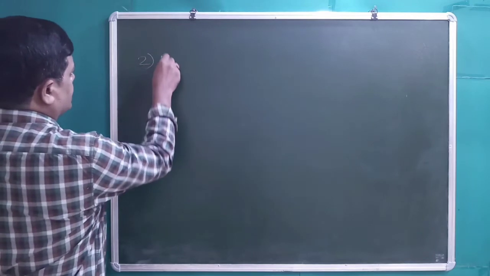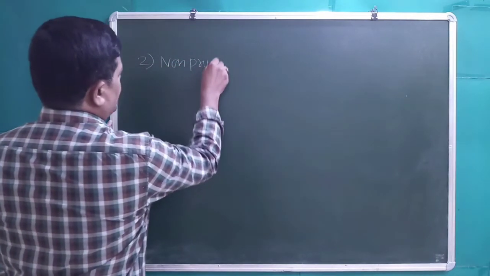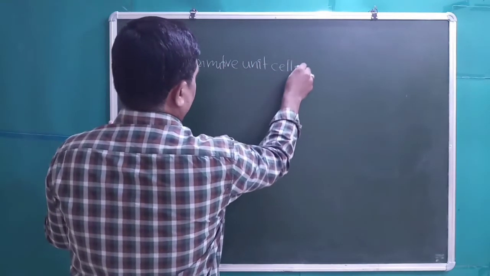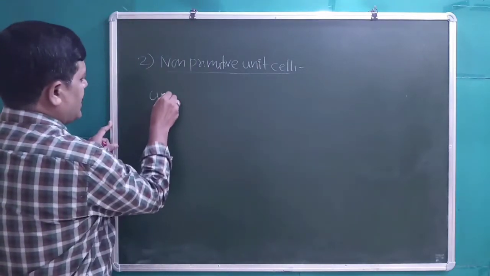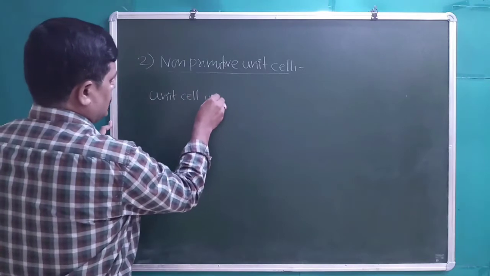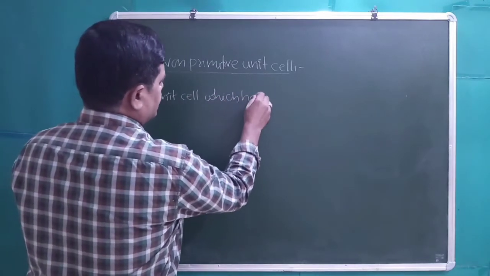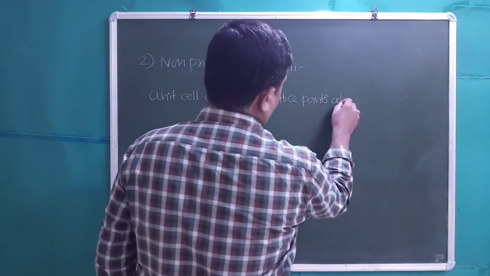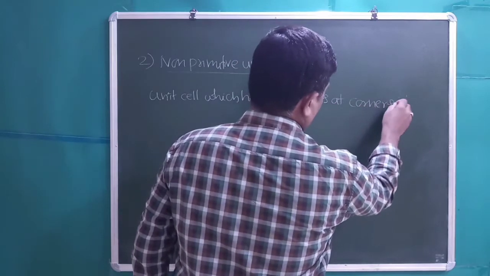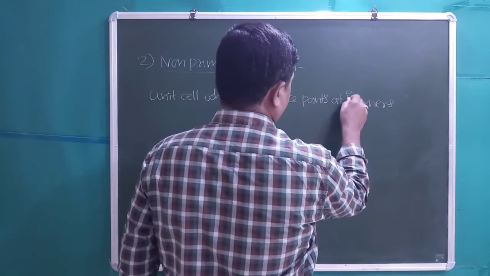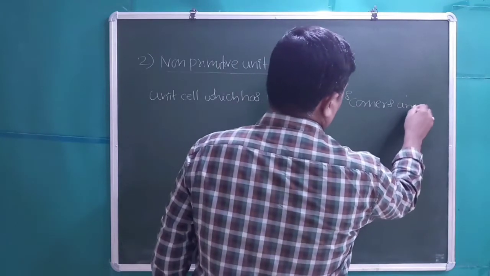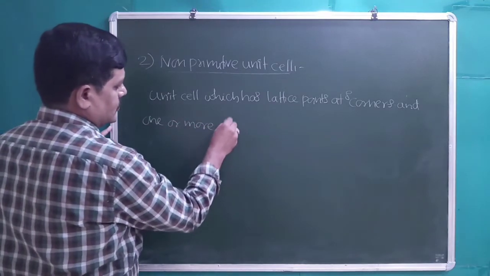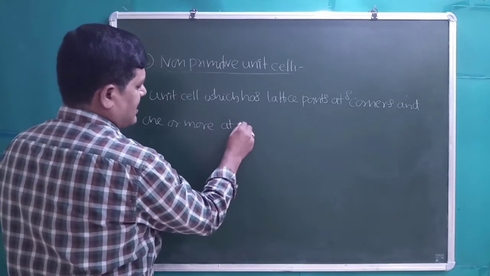Non-primitive unit cell has lattice points at corners, that is 8 corners, and one or more at other places.